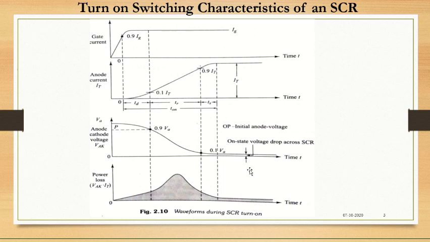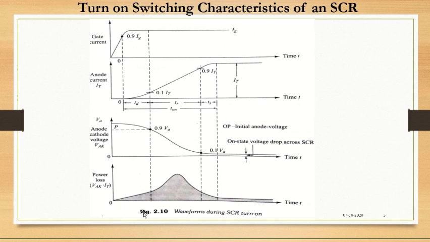The different textbooks give different values, but typically the voltage drop across the SCR during on state will be 1 to 1.5 volts, according to the prescribed textbook I am referring to now. All right.